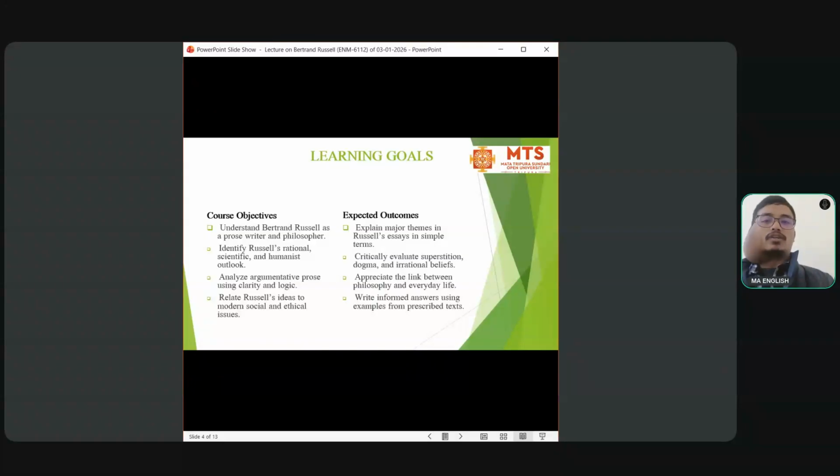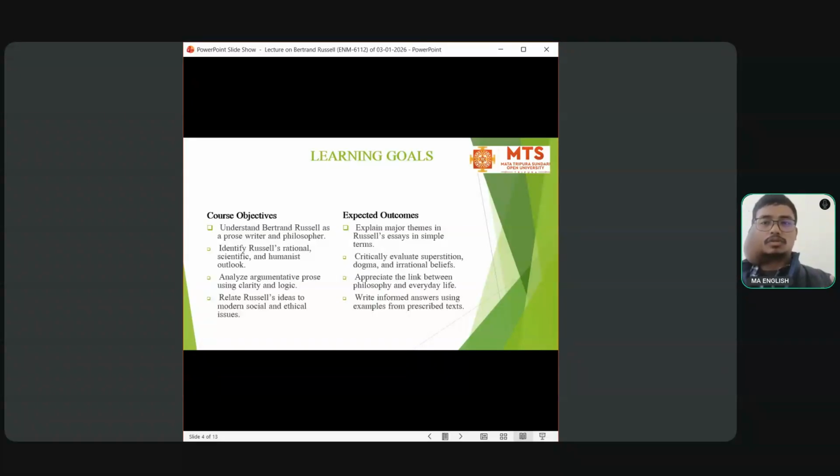The final objective is to relate Russell's ideas to modern social and ethical issues. Even though Russell wrote in the early 20th century, his ideas about war, misinformation, misuse of science, and blind belief are still relevant even today.